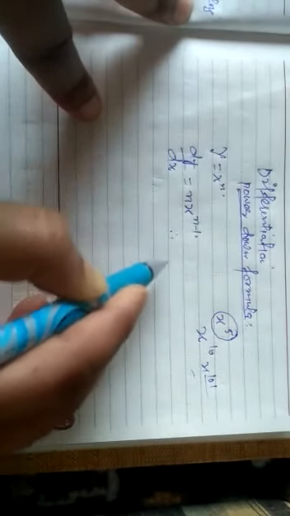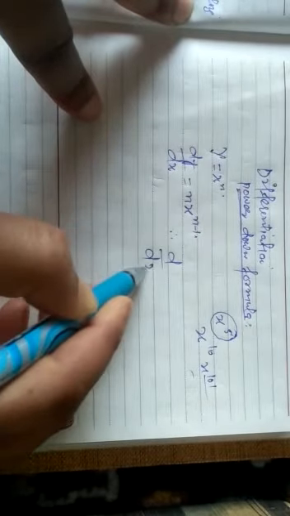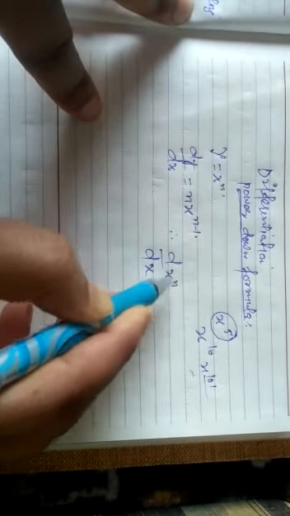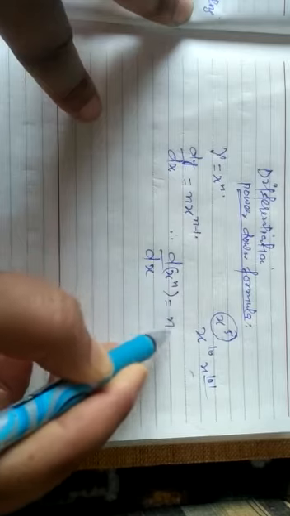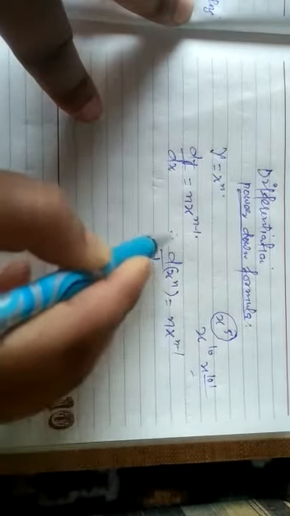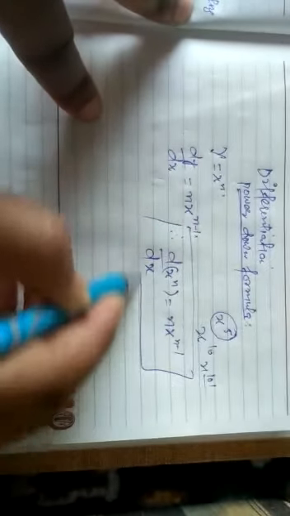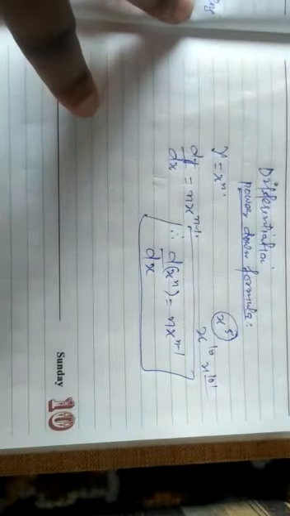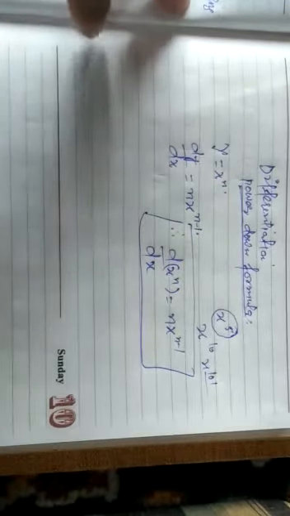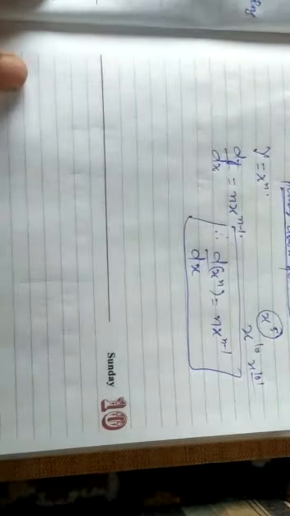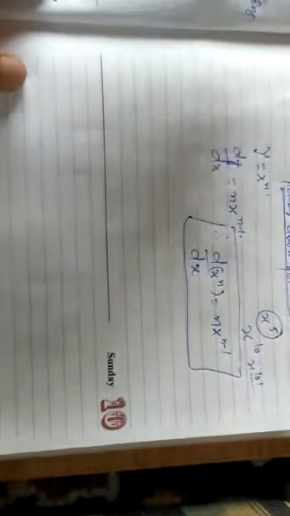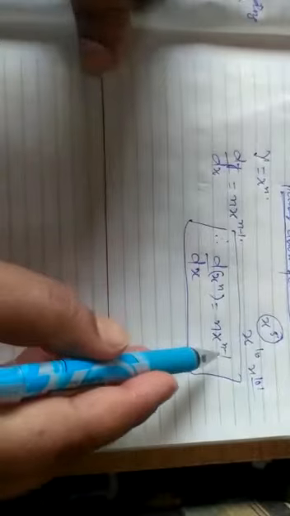So what we have to remember: d by dx of x raised power n equals nx raised power n minus 1. We have to remember this power down formula to solve many algebraic functions. So differentiation of x raised power n equals nx raised power n minus 1.